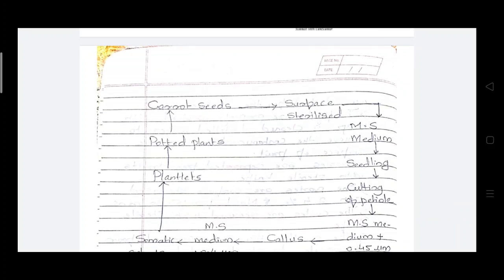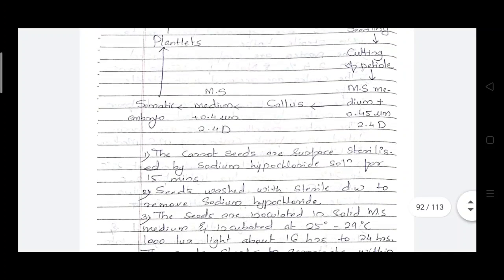Then callus will be developed, and this callus is again transferred on the nutrient medium with supplements of 2,4-D. So we can get the somatic embryoids, which are developed into plantlets. So these are the two types of somatic embryogenesis.